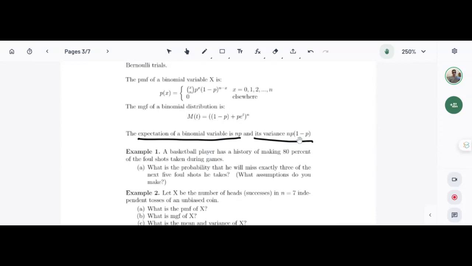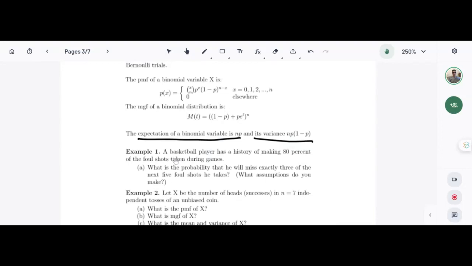Remember, 1 minus p stands for the probability of failure, p stands for the probability of success, and it's really up to you to define a particular outcome as your success and another one as your failure. For example, in a coin flip, I can define heads as my success, and somebody else can define tails as his or her success. It's completely arbitrary.